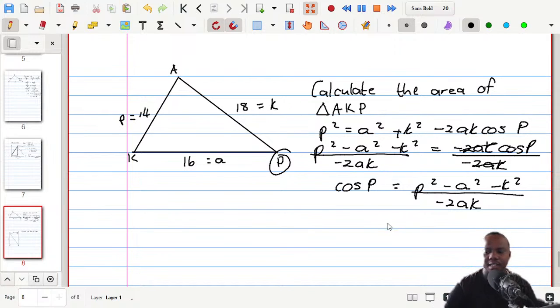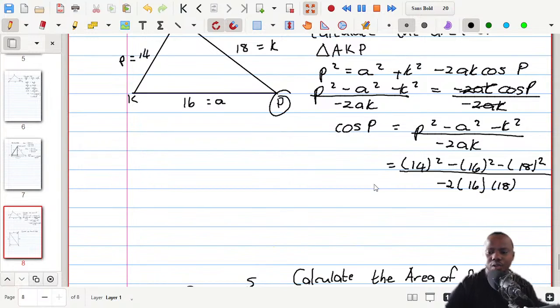So let's substitute this. The value of side P, this is 14 squared, minus the value of side A, that's 16 squared, minus the value of K, that's 18 squared, divided by minus 2 into the value of A is 16, and the value of K is 18.